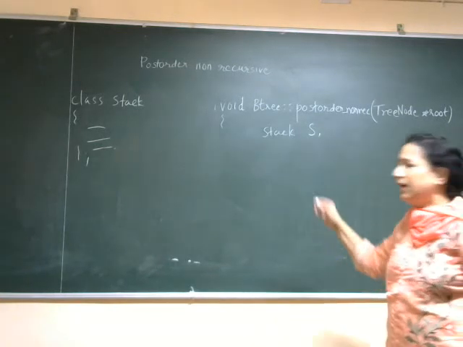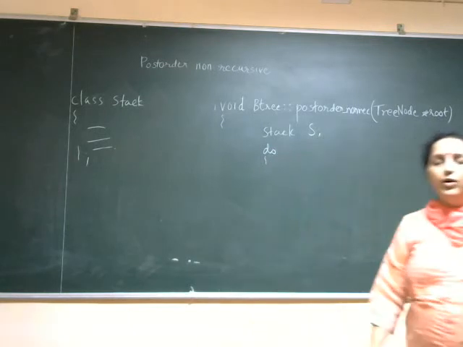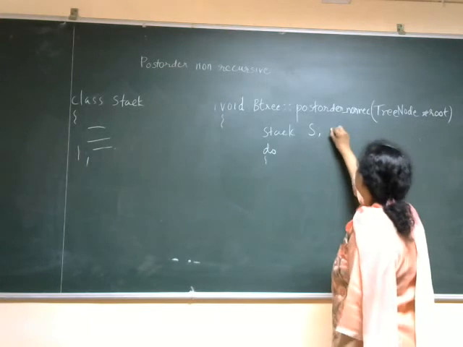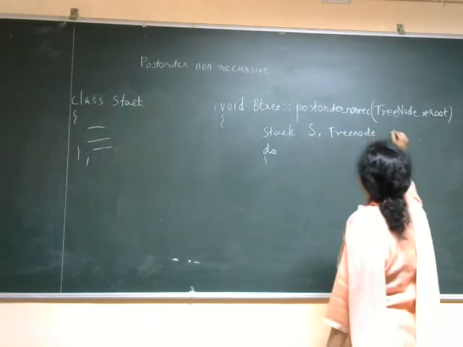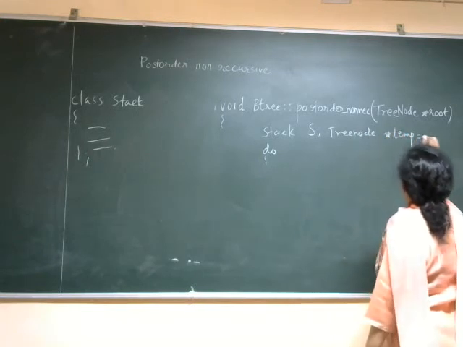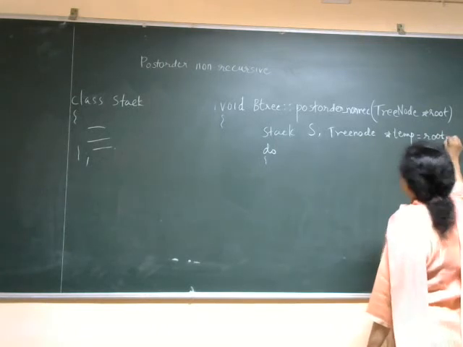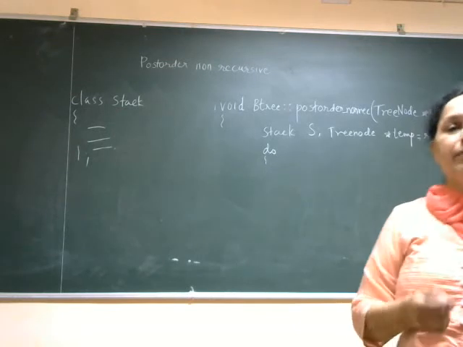So we have to start this using a do-while. Firstly, we'll take a temp. Okay, we'll start from root. If we need any more variables, we'll take them afterwards.